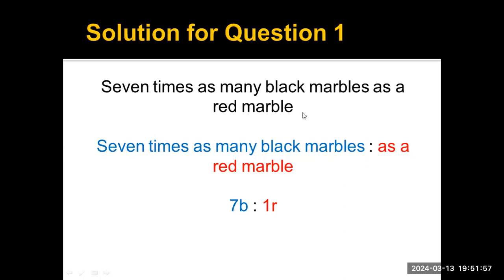It means 1. So this singular quantity is referring to the second number of a ratio. So take note, if you encounter the "as many as" phrase, it means a ratio. So we have 7 black marbles being compared to 1 red marble.